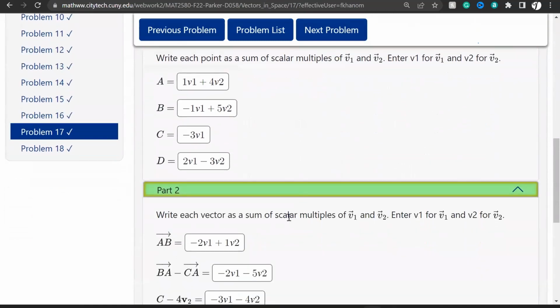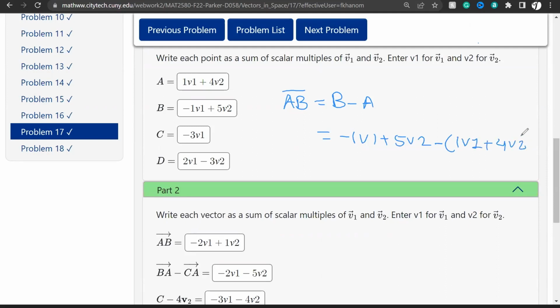In part two, they're saying to find AB. To find AB, the formula is: AB vector is equal to B minus A. My B is -1 V1 plus 5 V2, minus A. A is 1 V1 plus 4 V2.